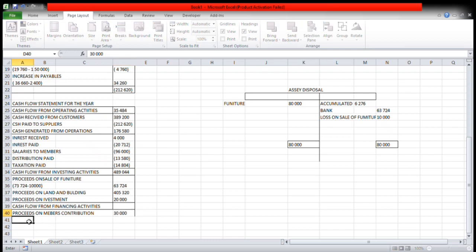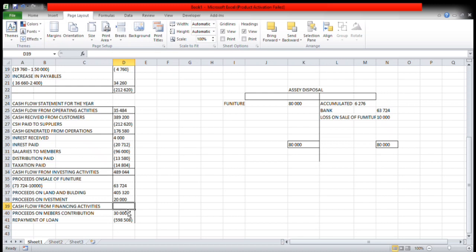Then we had the repayment of loan, and the repayment of loan amount is 598,508. Because it's a repayment, it must be indicated inside the brackets.